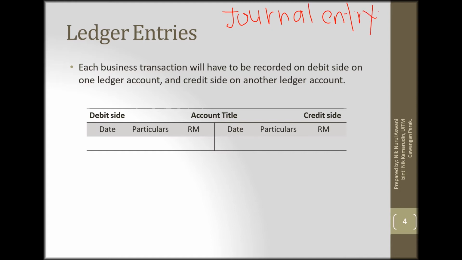I think we have discussed this previously in the previous topic. What happens to the journal entry when there is an increase in asset? We are going to debit asset account. But which type of asset? You have to be very specific. So cash, how much? 35,000 ringgit.